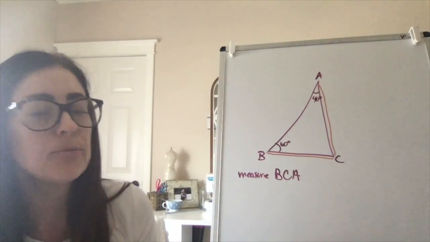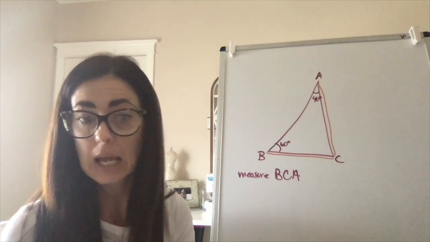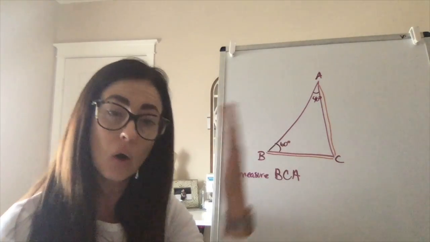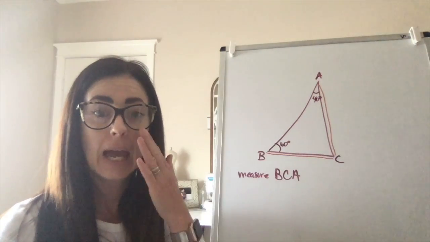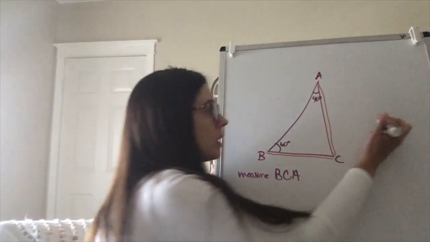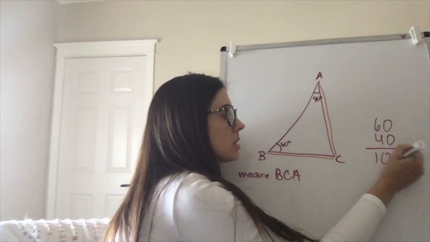So if we know two of the angles, we can find the third angle by finding the sum of the two and subtracting it from the total interior angles of 180 degrees. So we have 60 plus 40. 60 plus 40 is what? 100 degrees.